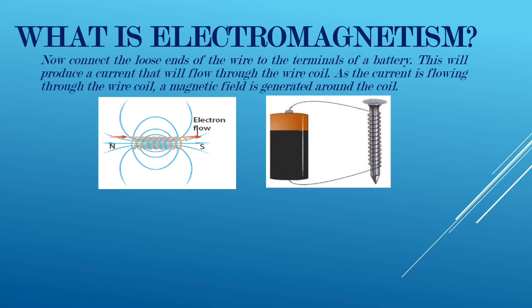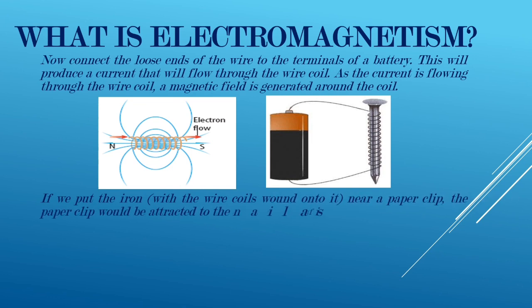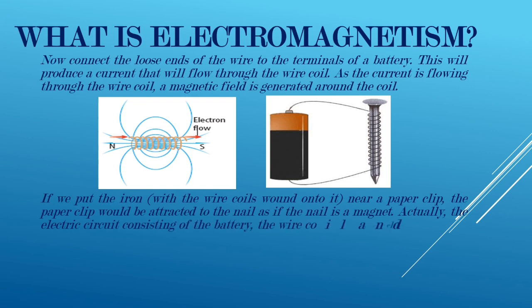A battery causes an electric current to flow through the coil of the electromagnet. The battery that we will be using here is a dry cell. If we put the iron with the wire coils wound onto it near a paperclip, the paperclip would be attracted to the nail as if the nail is a magnet.